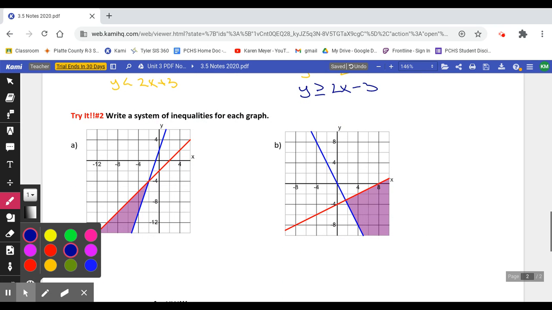Okay, so on the try it, I'm going to leave the first one as solid lines, but let's go to the second one. On the second one, can you please make the blue line a dashed line?